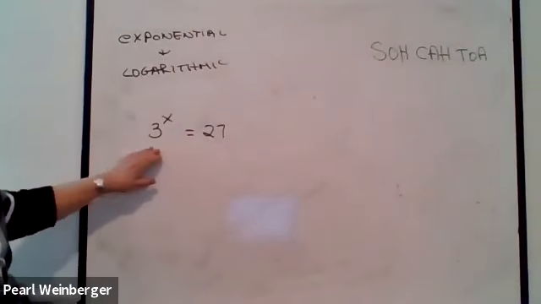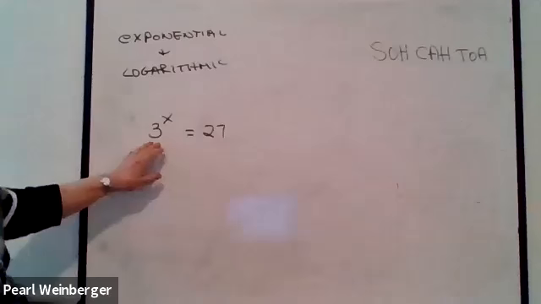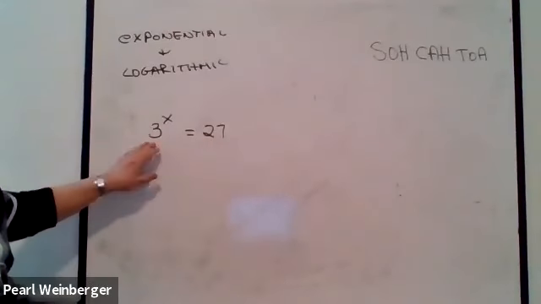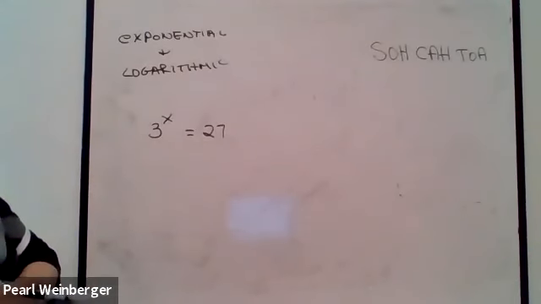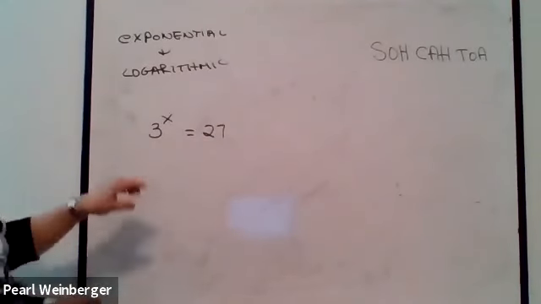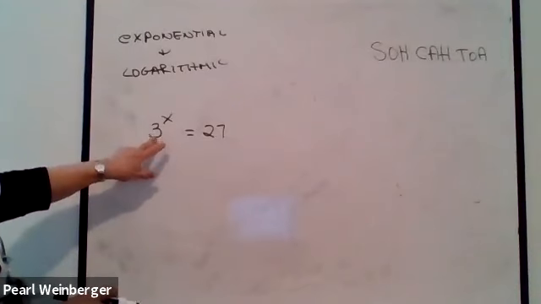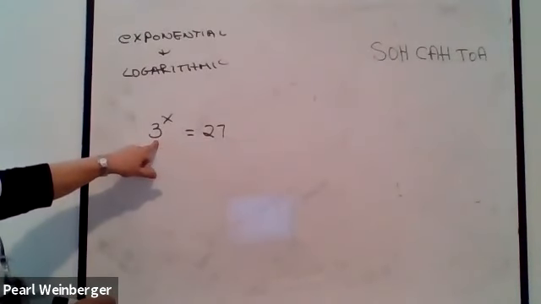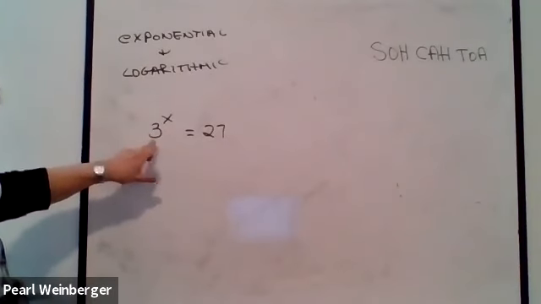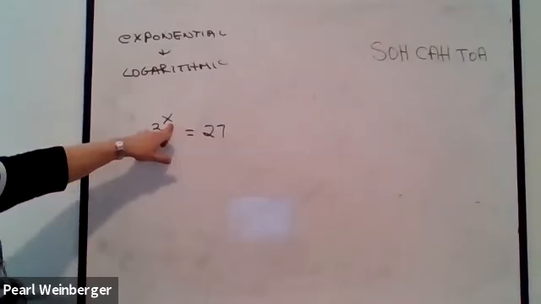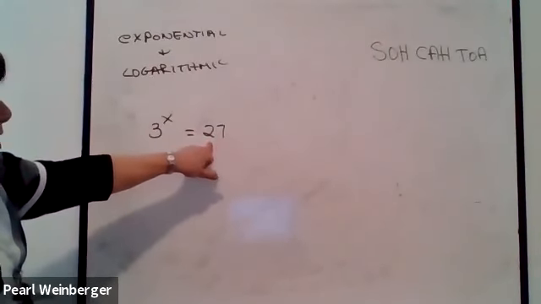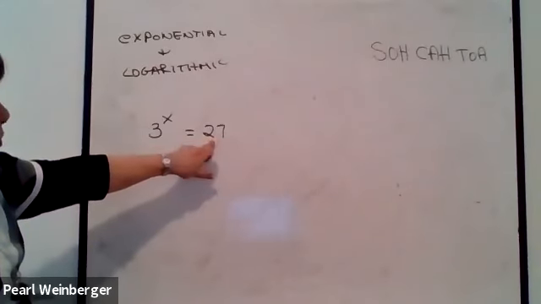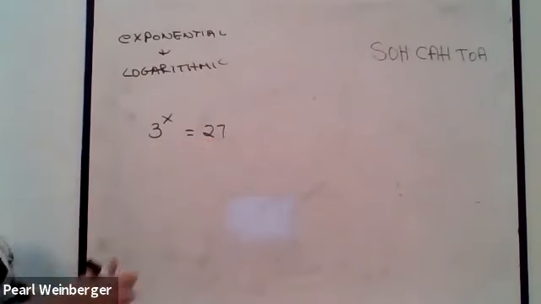What we can try to do to solve this is to write both sides of the equation in terms of the same base. What do I mean? Over here, I'm writing this in base 3. My base is 3, exponent is x. Try and write the other side also as 3 to some exponent.